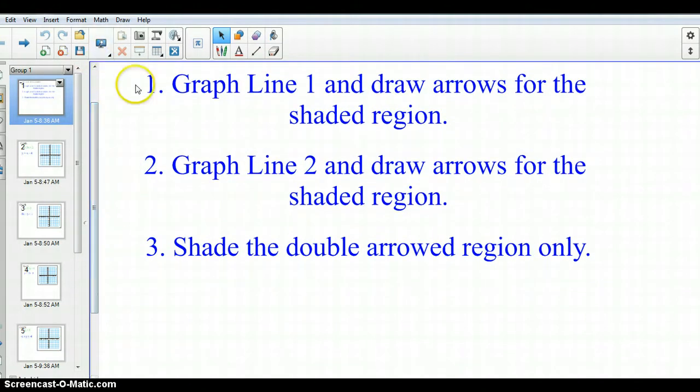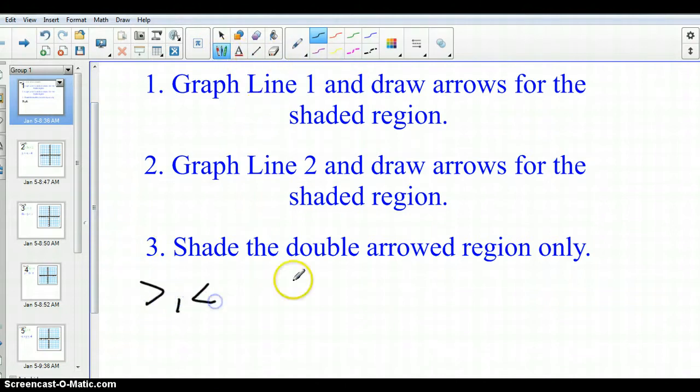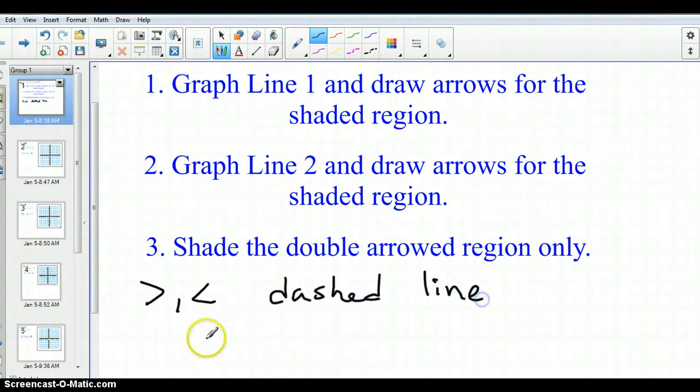So remember, when we are graphing these, if we have a greater than or less than sign, we use a dashed line. If we have a greater than or equal to or less than or equal to, we use a solid line.